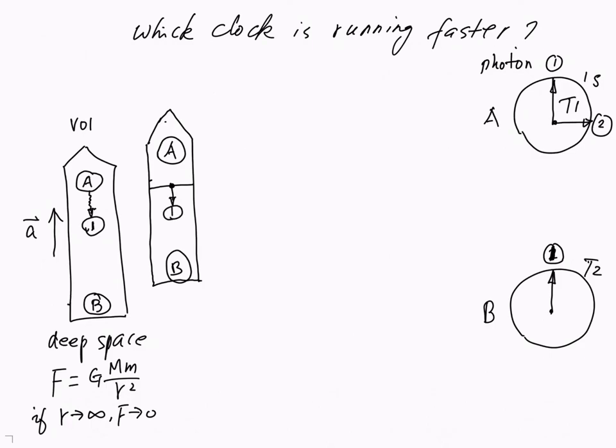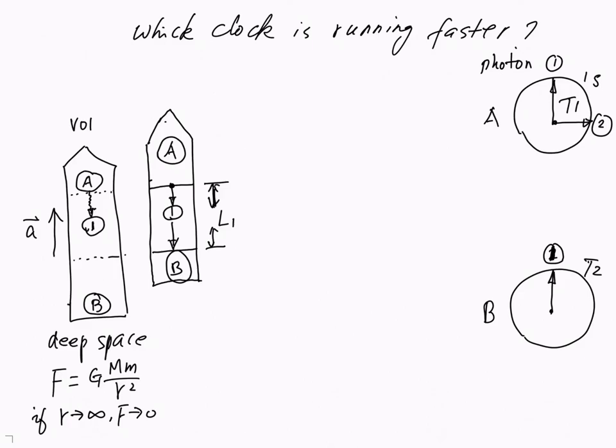Then the photon goes down this way and hits receiver clock B. The distance would be L1.